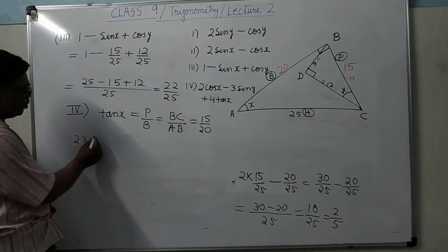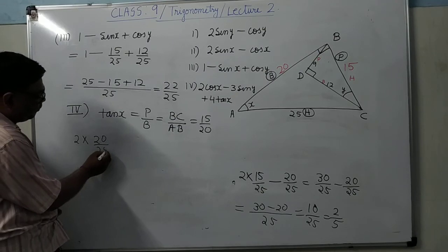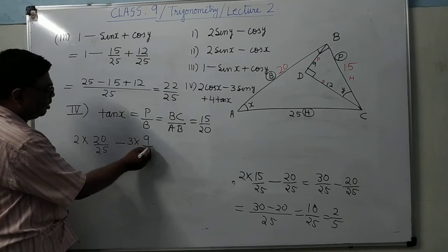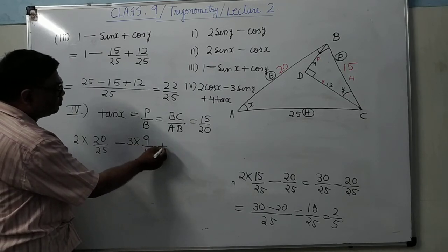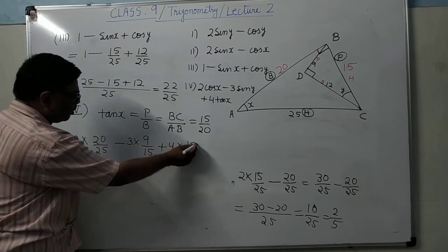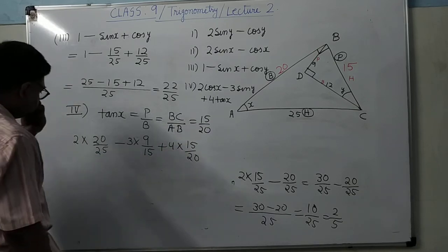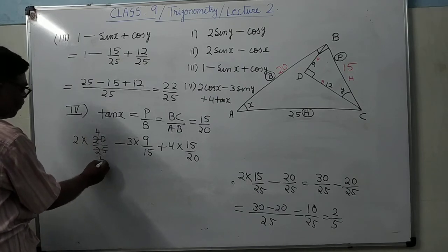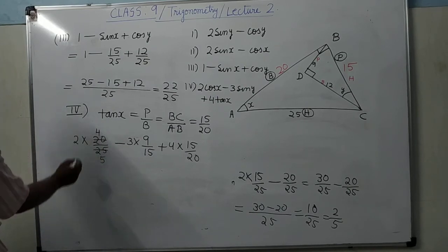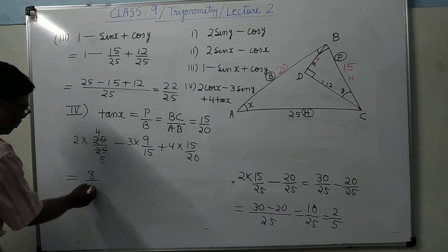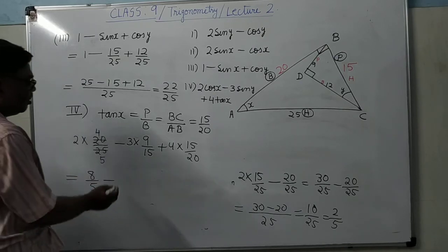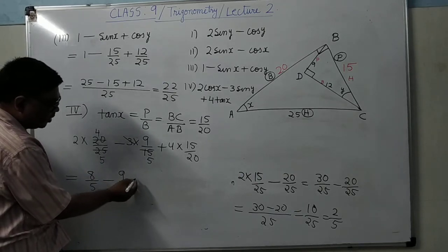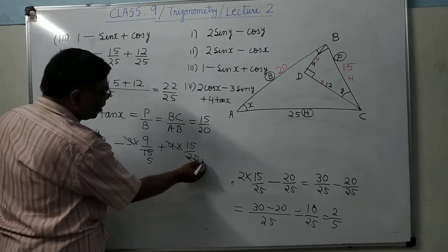So cos x is 20 upon 25, minus 3 sin y, 9 upon 15, plus 4 tan x, 4 into 15 upon 20. Now you simplify. So this will become 5 fours are 20, 5 fives are 25. It's clear? So 4 twos are 8 upon 5 minus 3 fives are 15.